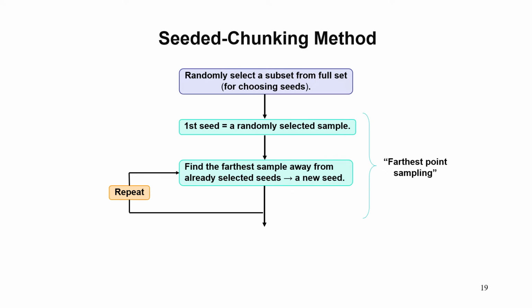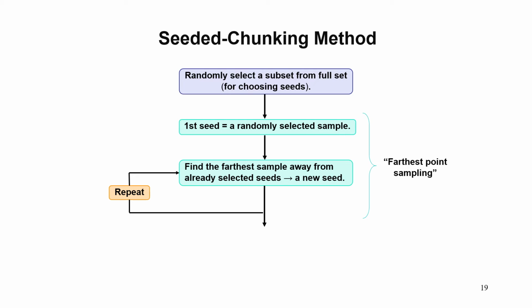The seeded chunking method first chooses a seed for each chunk such that the seeds are farthest away from each other. To avoid extra computational cost in the seed selection process due to the full set not fitting into memory at once, we randomly select a subset from the full set and choose seeds from this subset. The seeded chunking method uses the farthest point sampling to find the seeds for all chunks.